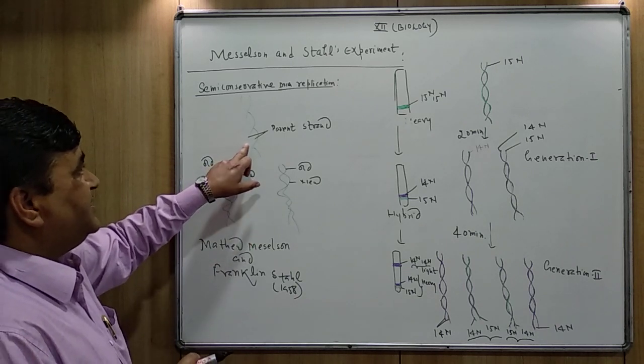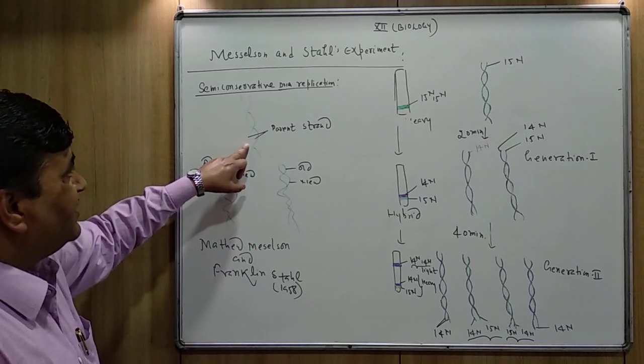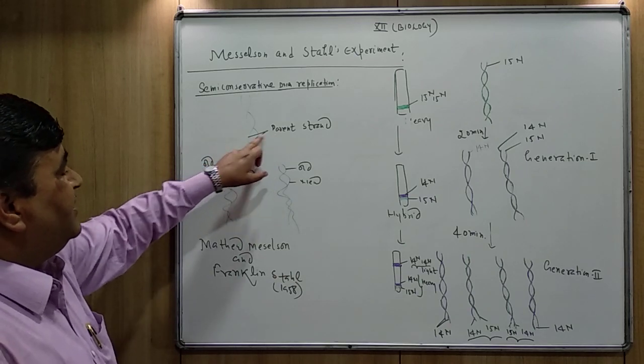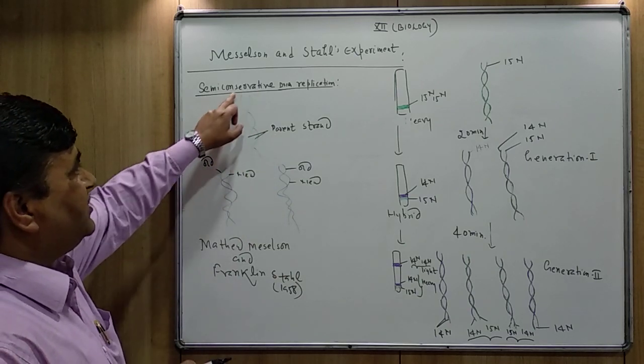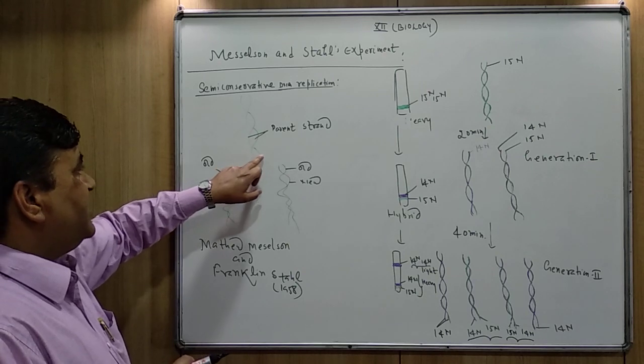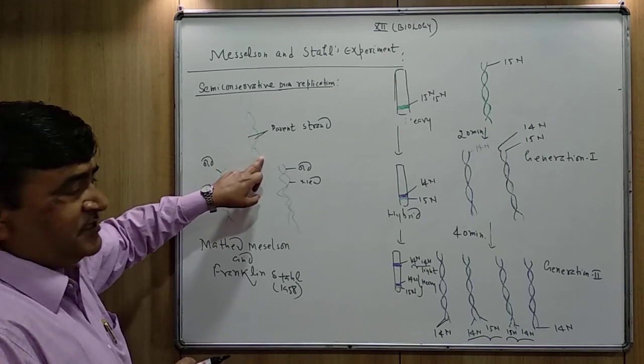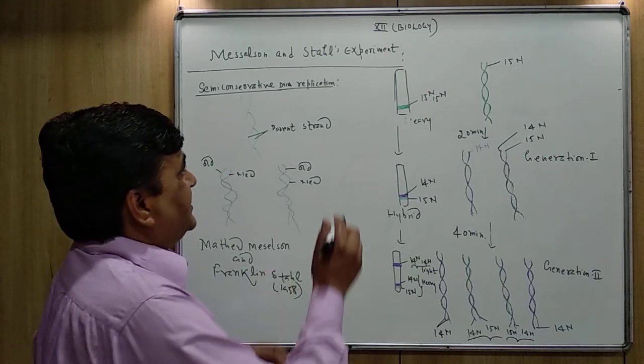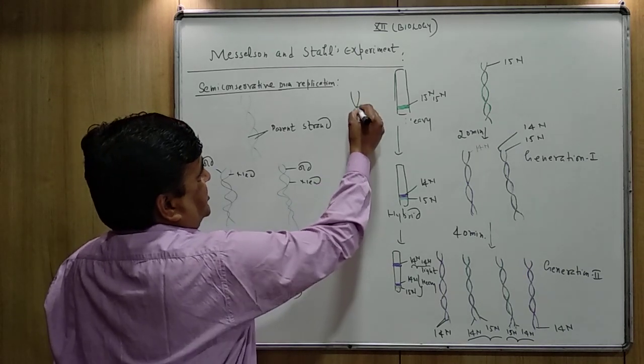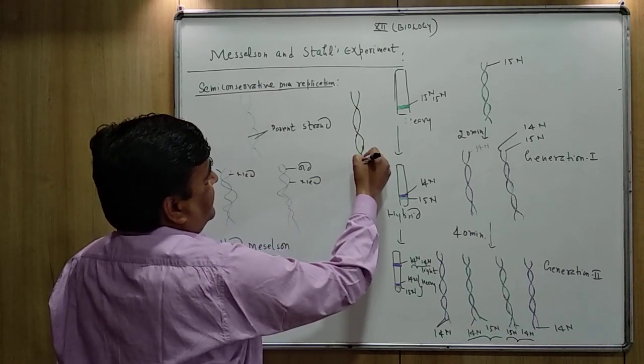You can see here, this is the parent DNA. The parent DNA has how many strands? Each DNA molecule, as you know, is made up of 2 strands.